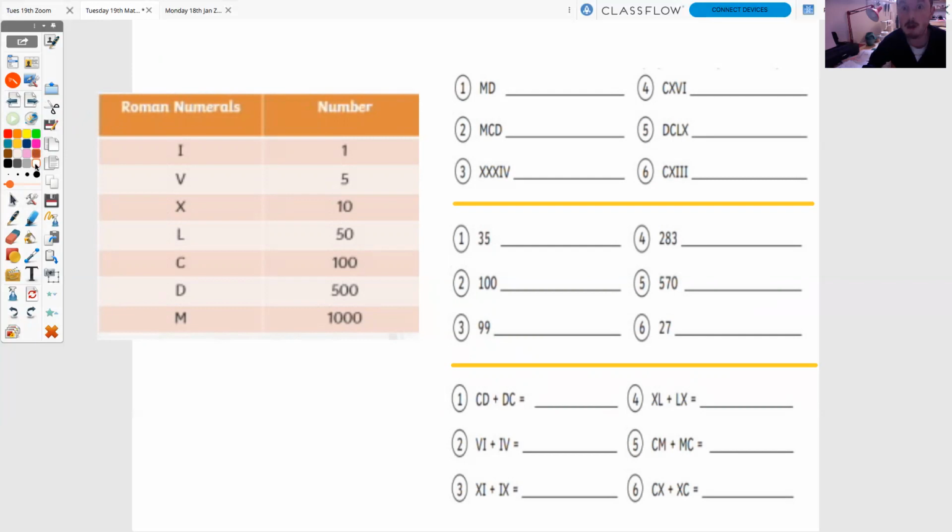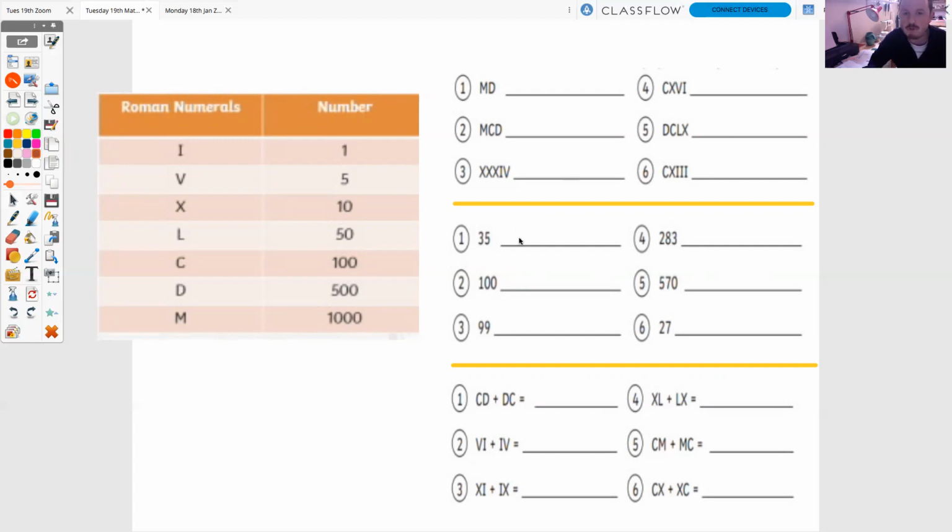Roman numerals come from ancient Rome, and they used letters to signify values and amounts. So the letter I is used to signify 1. The letter V signifies 5. The letter X is 10. Okay, I haven't got 50 fingers, but L is 50, C is 100, D 500, and M is 1,000.